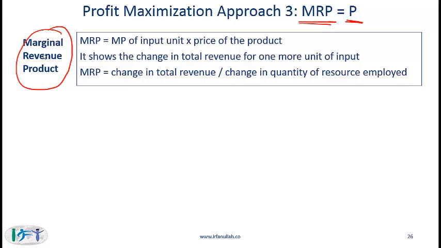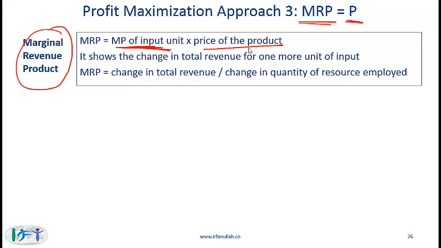The marginal revenue product is the marginal product of a given factor multiplied by the price of the product. This is the price of what you are producing and selling.